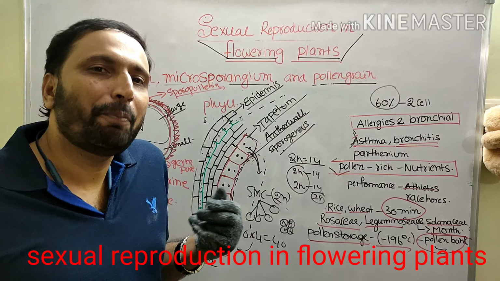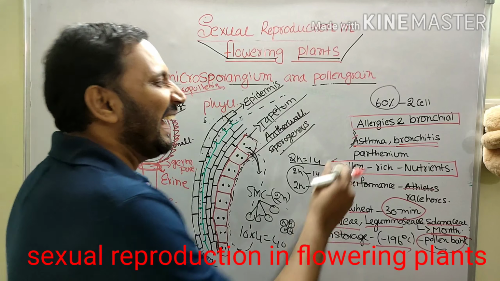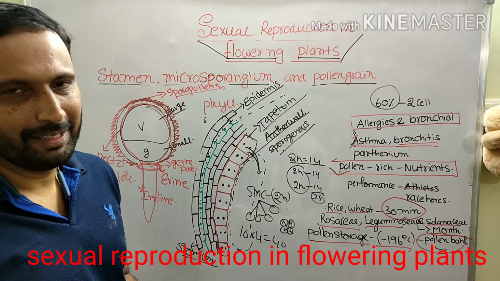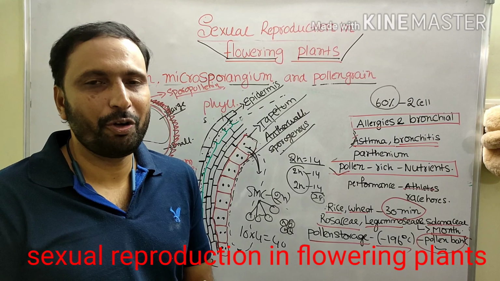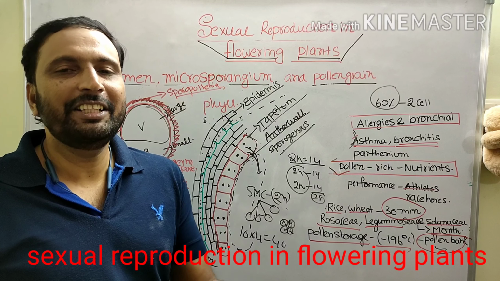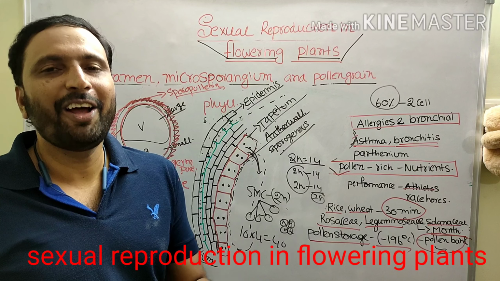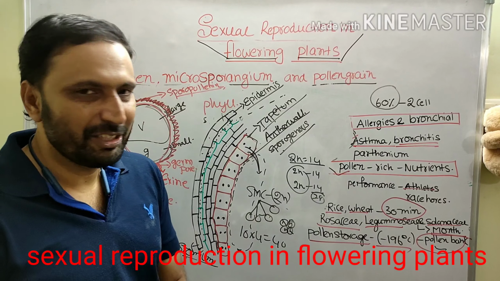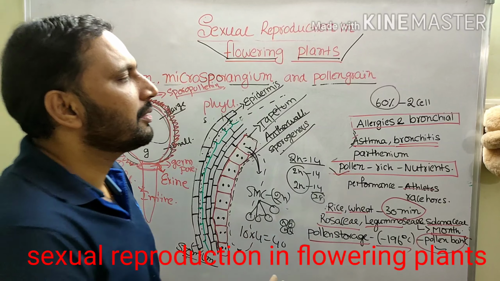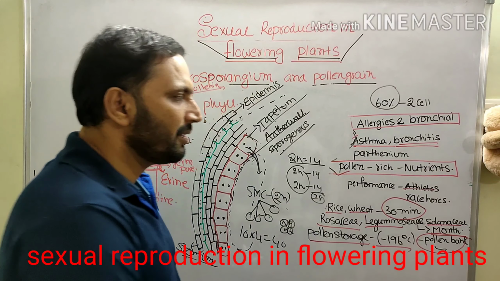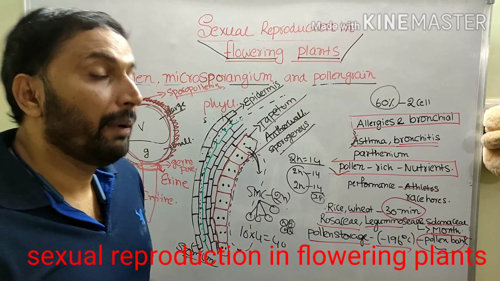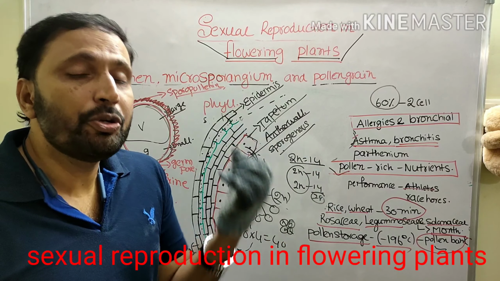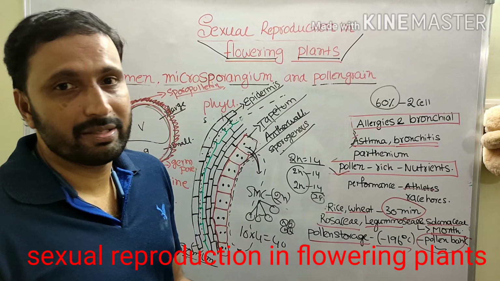But some pollen grains may cause allergies and bronchitis, especially Parthenium hysterophorus, which was introduced into India along with wheat. But these pollen grains contain many nutrients and are rich in nutrients.